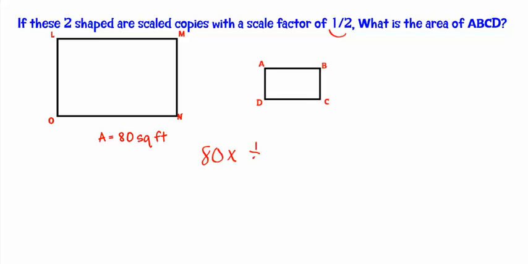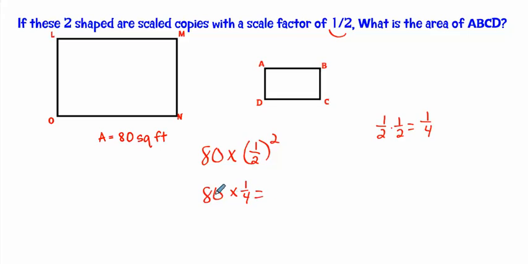So here's the tricky part, scale factor squared. When we square this, it's still just like before, the number times itself. So it's a half times a half. When we multiply fractions, we multiply straight across. That gives me 1/4. So it would be 80 times a fourth.